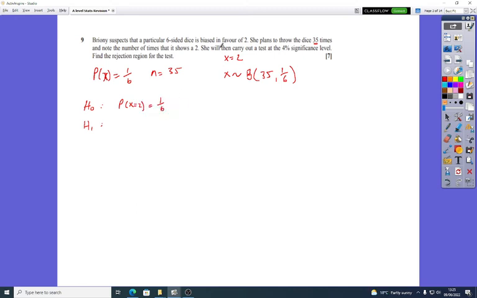Then we'll quickly read here because we need to know whether it's a one-tail or two-tail test. Barney suspects that a particular six-sided dice is biased in favour, and that's the keyword here, in favour of a 2. So we're going to say that the probability of x, getting the 2, is going to be greater than 1/6. Note we're saying it's greater than 1/6, because she's in favour of getting a 2. So straight away this makes it a one-tail test.